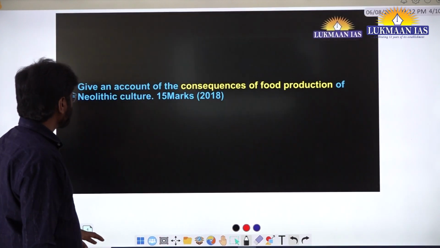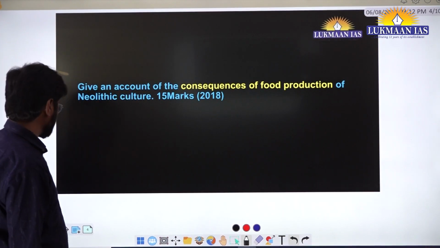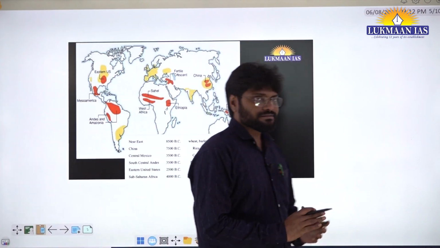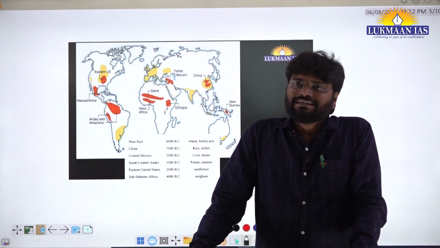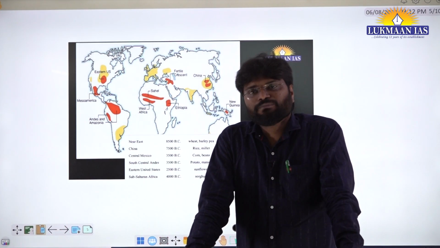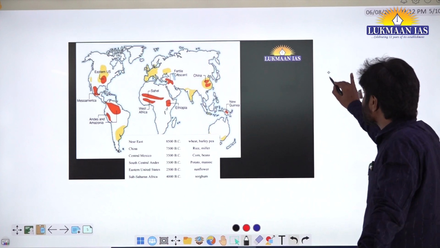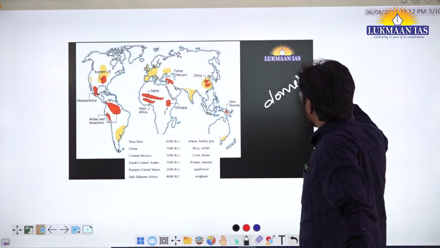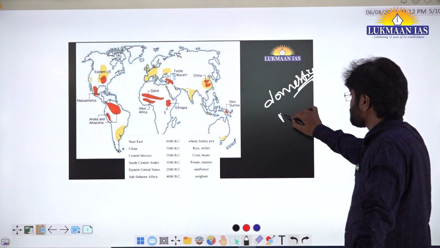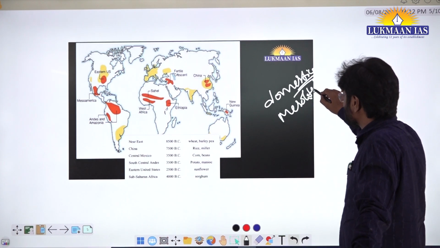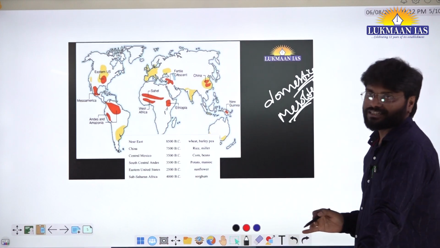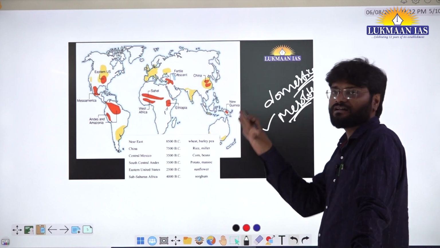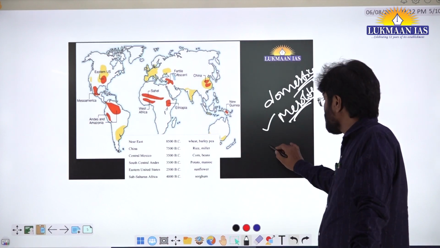So this is the question, and here we can see that the Neolithic phase started later than the Mesolithic. The features of domestication of animals had their roots in the Mesolithic period itself, but by the time of the Neolithic there was well-established domestication of animals in all the continents as well as domestication of plants.